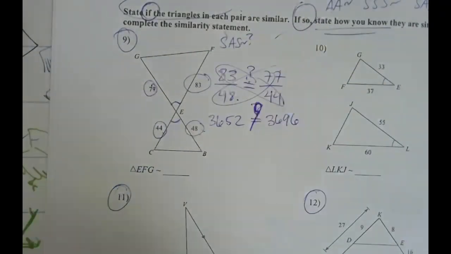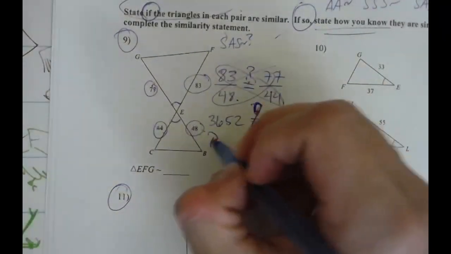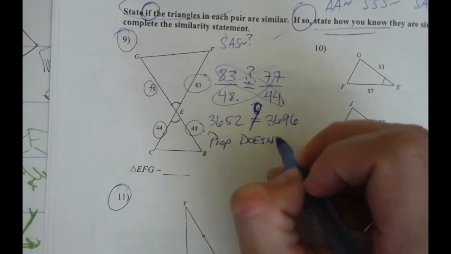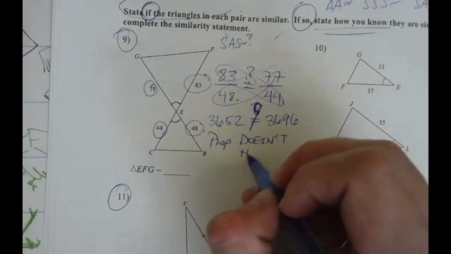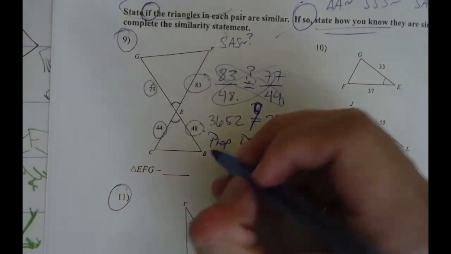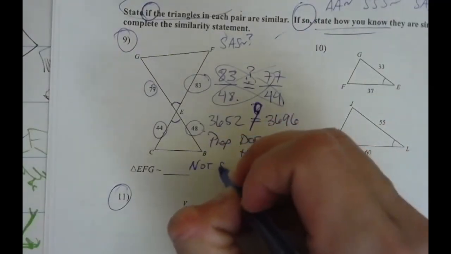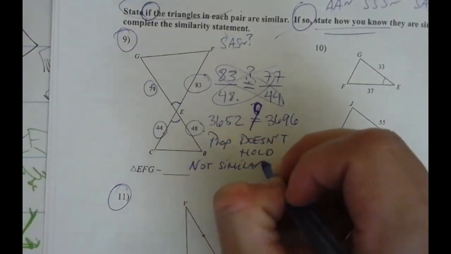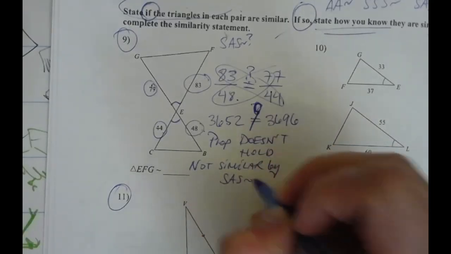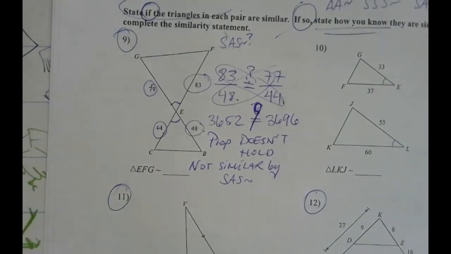Since the proportion doesn't hold, I'm going to write this, you don't have to write this yourself, but the proportion doesn't hold. We know this means they are not similar. So I'm going to write not similar by side, angle, side, similarity. Since the proportion doesn't hold, I know for sure these triangles are not similar.